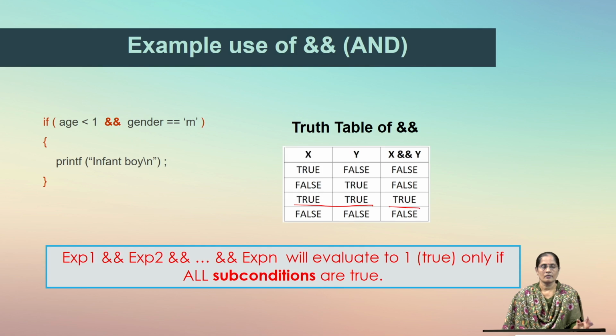Otherwise, we can say expression 1 ampersand expression 2 ampersand a number of expressions will evaluate to 1 or true only when all the subconditions are true. So, this is the case with logical AND operation. If we want to execute some process only when all the conditions are true, in those cases we can go for using logical AND.